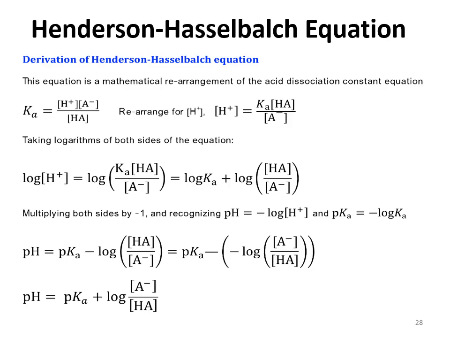undissociated acid and negative ion concentration. Multiplying both sides by negative 1 and recognizing pH, as we know, the negative log of hydrogen ion concentration is pH, and pKa is the negative log of Ka, which is the dissociation constant for an acid.